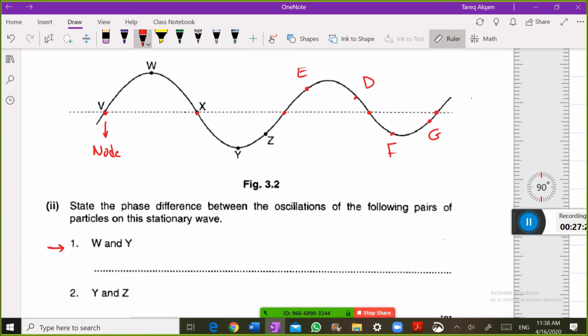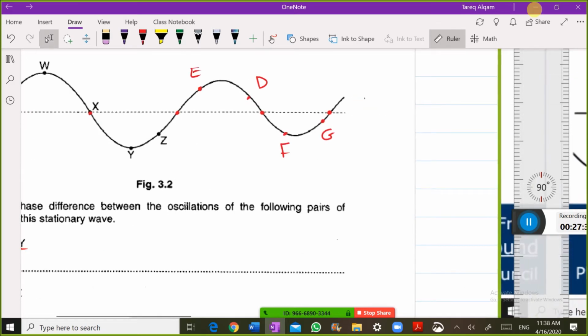Guys, to find the phase difference between any 2 points, we will use this formula: m pi.